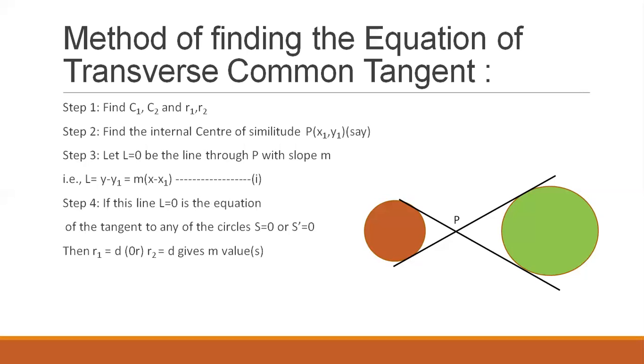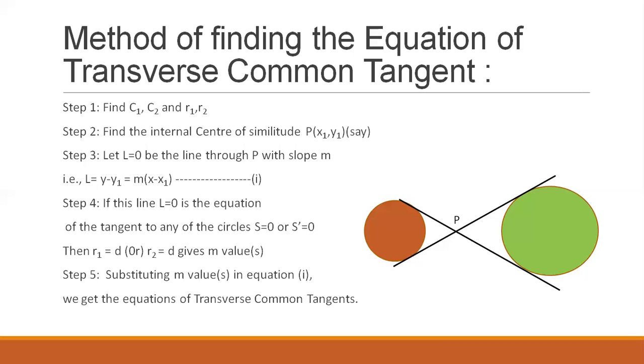If you take the first circle, it is r1 equal to d. This condition gives us the value of m. Substituting this m value in equation 1, as we have done for the direct common tangents, we get two equations if two m values exist. Those are nothing but the equations of the transverse common tangents.